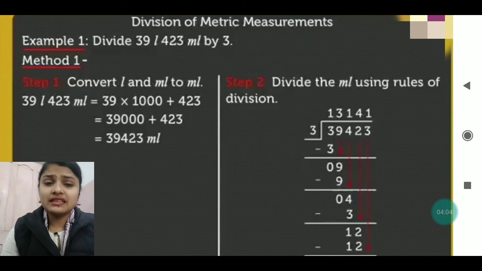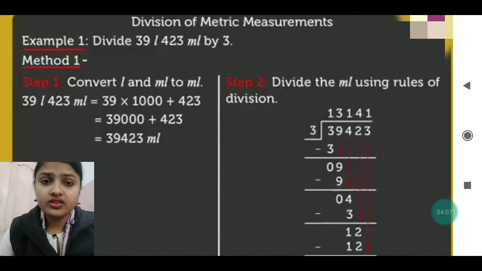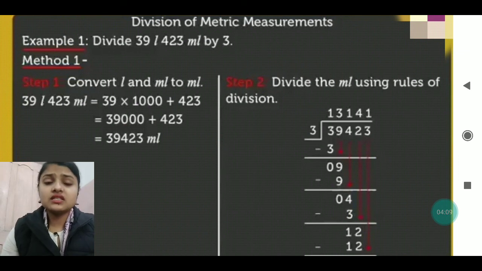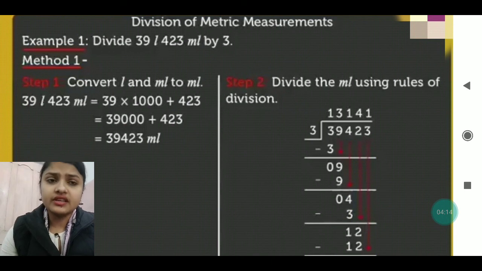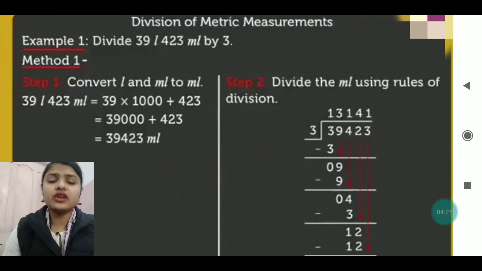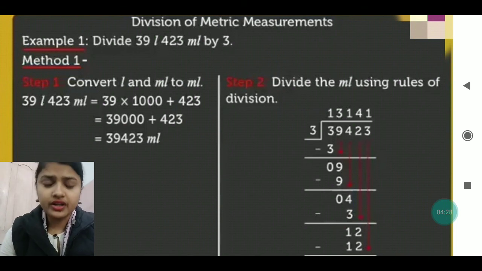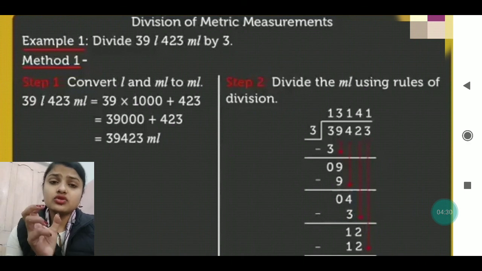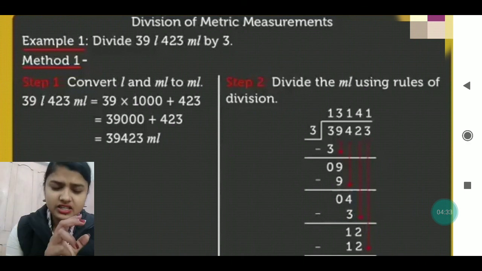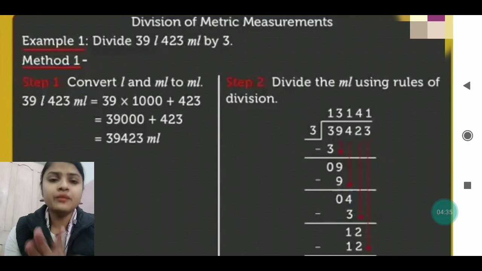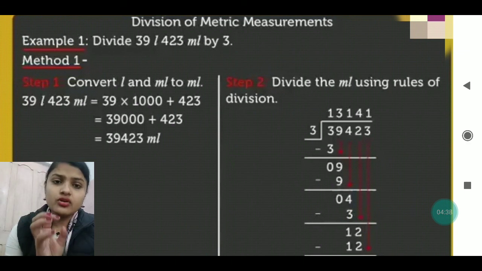So here the dividend is 39 liters and 423 milliliters, and the divisor is 3. Convert liters and milliliters to one unit. Since it is given in two different units, liter is a larger unit and milliliter is a smaller unit. So first we will convert the liters into milliliters, or you can convert milliliters into liters, so that you can get the amount in one unit.